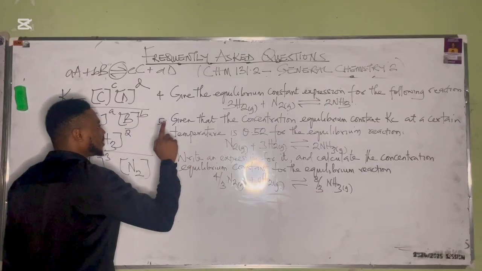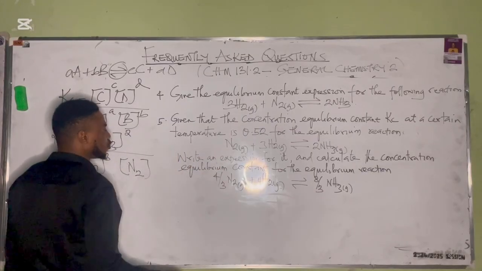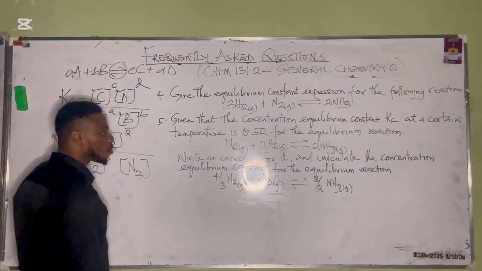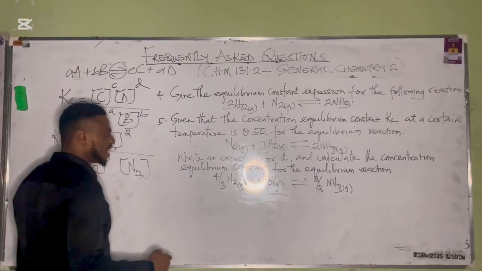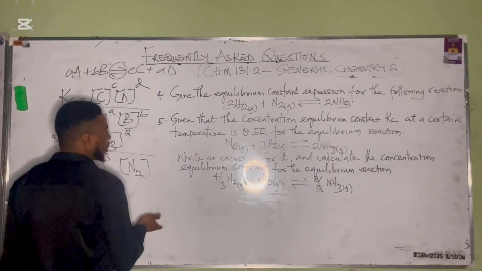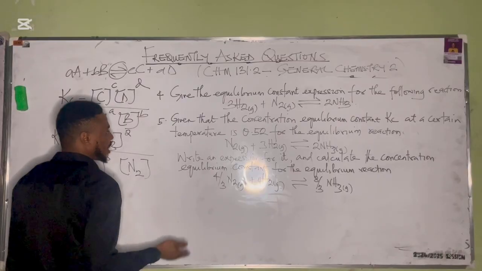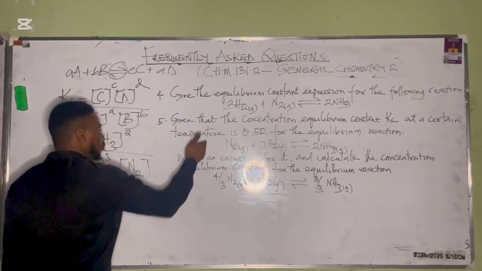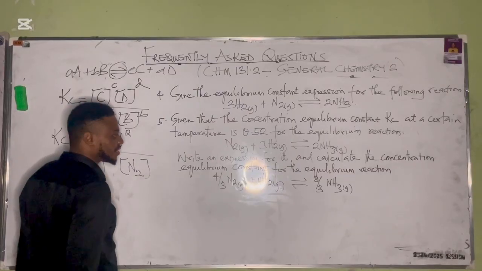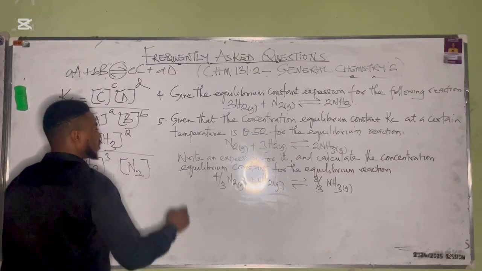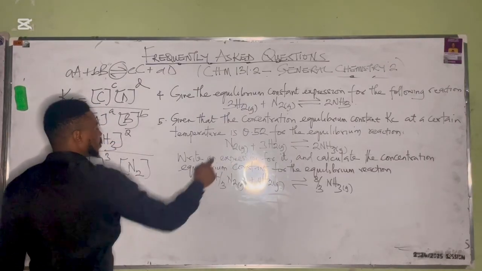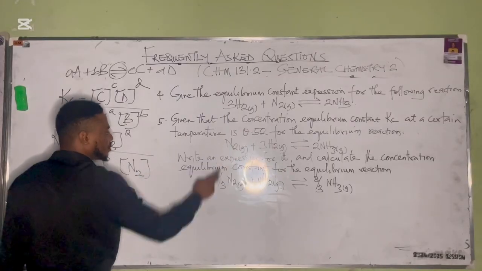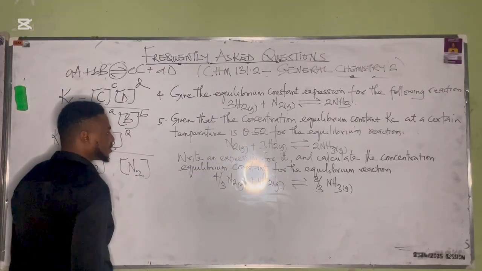But first of all, you'll be given Kc for this. You're told to find Kc for this. This is what we call heterogeneous equilibria, where you have another equilibrium reaction coming from the initial, trying to create a relationship between two equilibrium constant expressions. So now basically, this is one, this is another. The Kc for this is 0.52. We are told to now look for the Kc for this one.